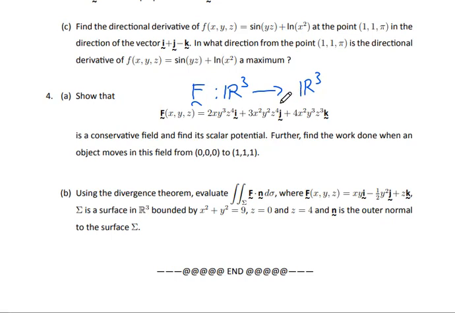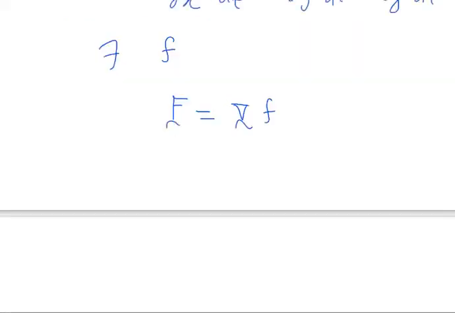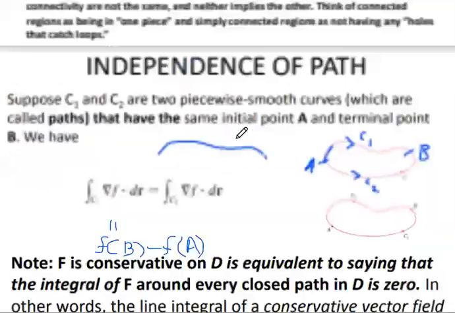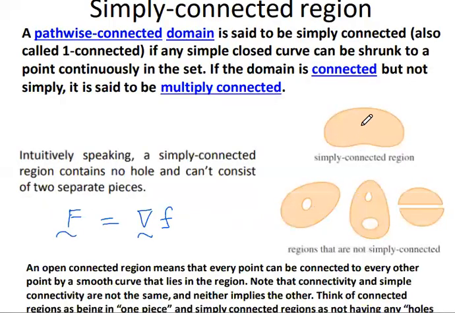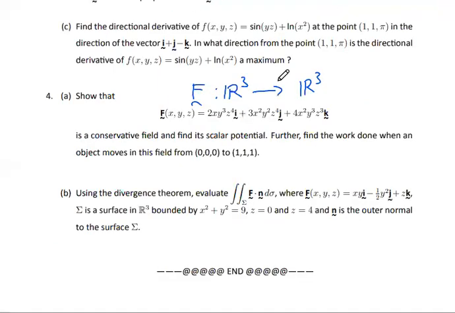R3 is your domain. R3 is a simply connected domain. You don't have any holes or anything. So R3 is a simply connected domain.